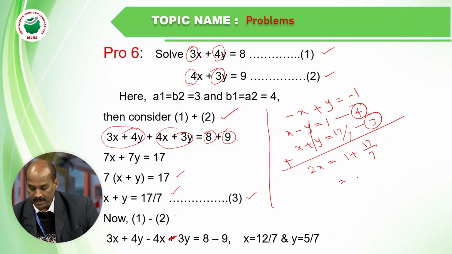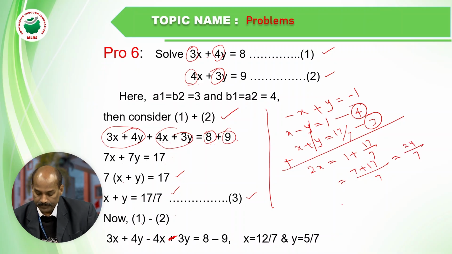Take LCM here, 7 into 1, 7 plus 17, that is 24 by 7. So 2x equals 24 by 7. Therefore x equals 24 by, send this to this side, 7 into 2, 14.